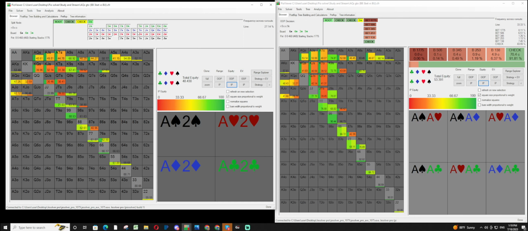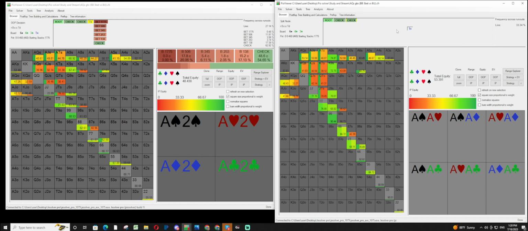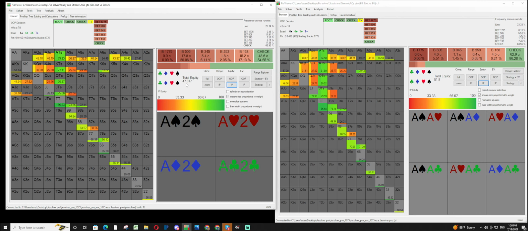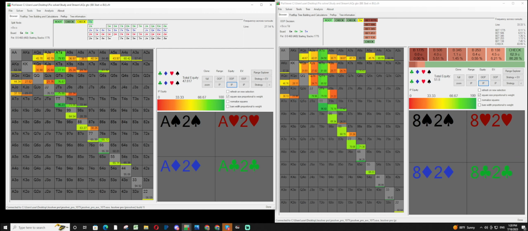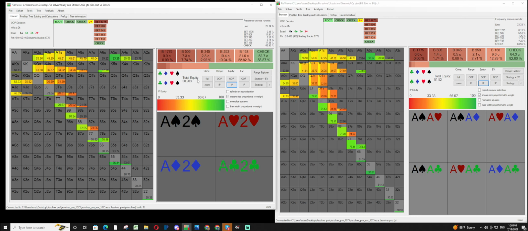Let's put out a blank, like a ten of diamonds. Ten of diamonds, equity 51.8 is the exploitive, and here is 47.8. Again, much stronger range in the exploitive solution for the in-position player. Let's put out a deuce of hearts: 51.5, and here is 50.9, again higher.